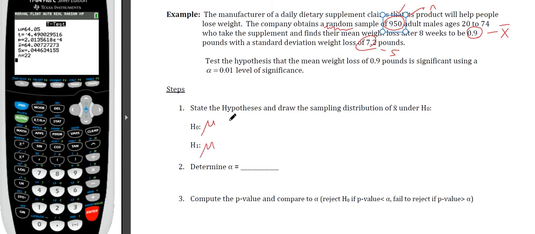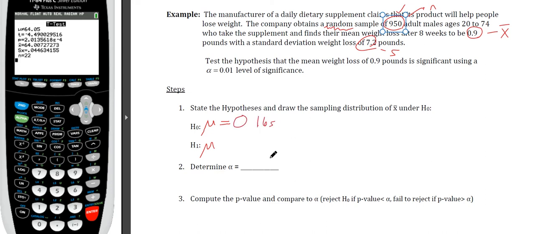For our hypothesis test, this one's going to be a little bit tricky. The null hypothesis is that mu equals some value. And remember that the null hypothesis is supposed to indicate that there is no change from what was originally true. Well, if we're trying to show that this has a positive amount of weight loss, then the null hypothesis, meaning that no change, would indicate that they have lost 0 pounds.